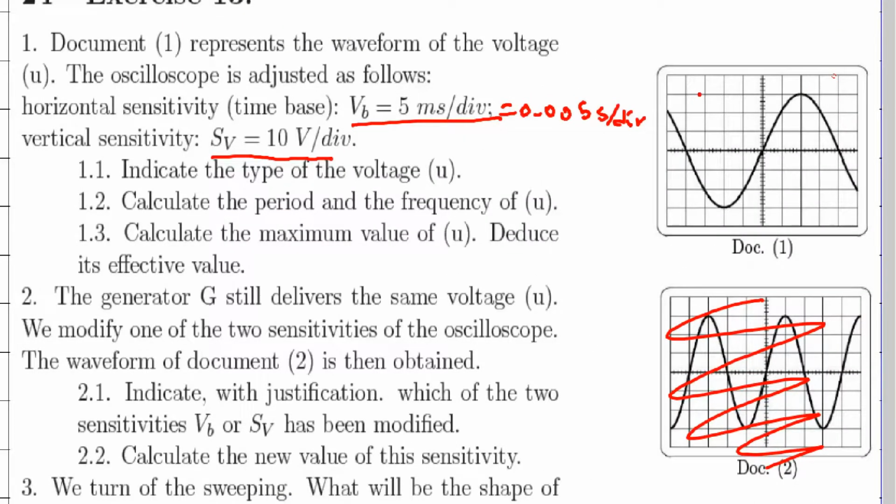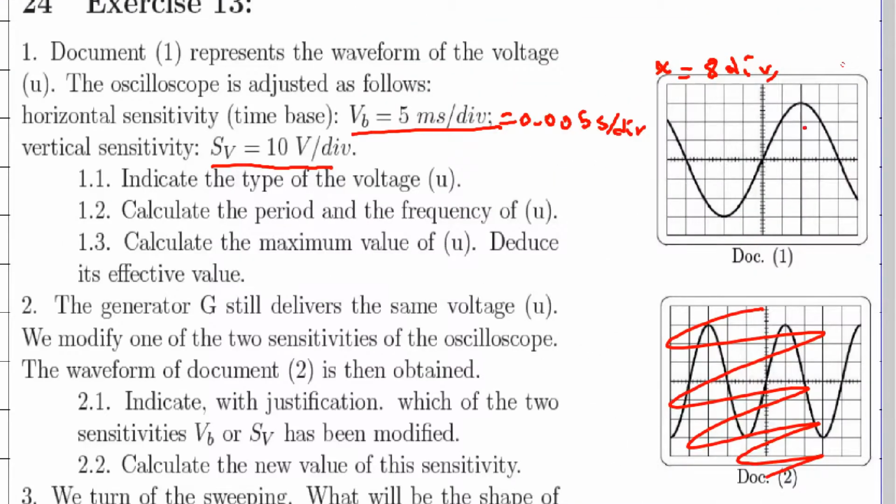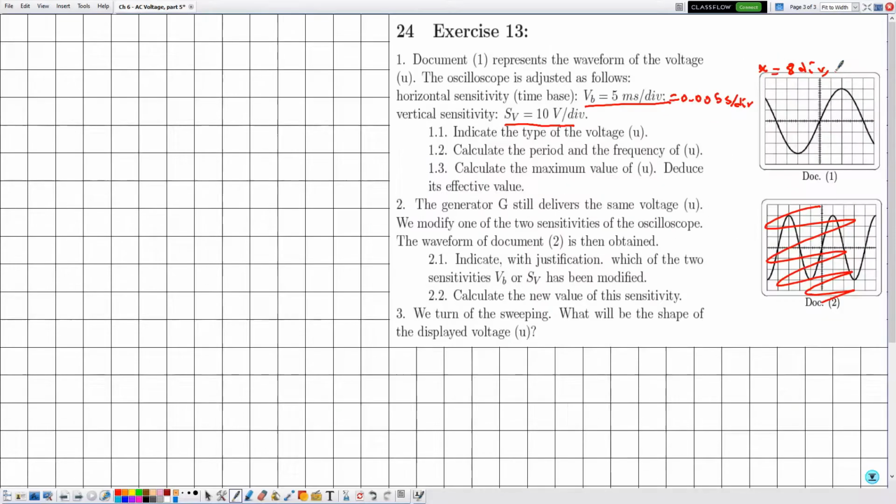Let's start by x. X cannot be counted from two consecutive peaks because they don't exist. Now choosing a point, skipping a point, choosing another point, counting these. So the dots are given by 8. And as for the value of y, notice that the curve exactly passes through this line, which corresponds to 1, 2, 3 divisions.